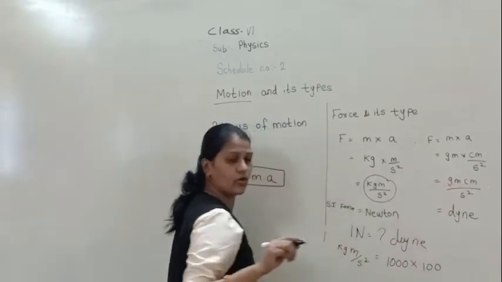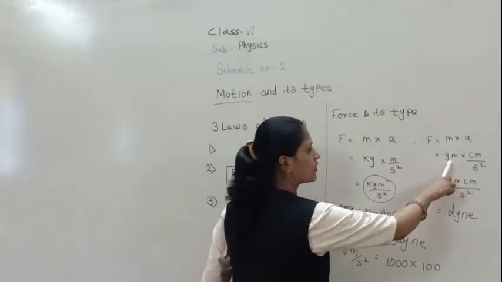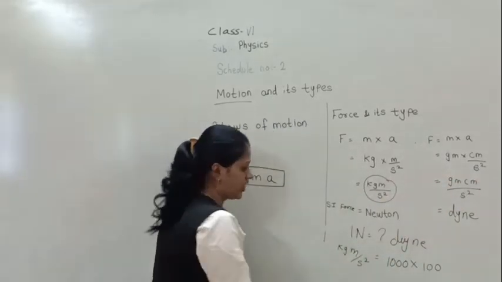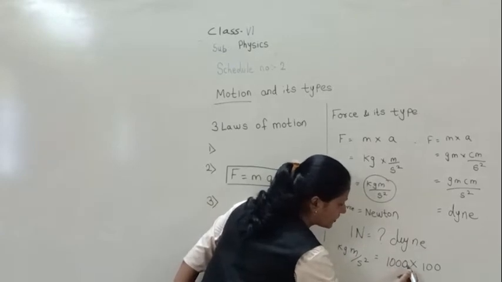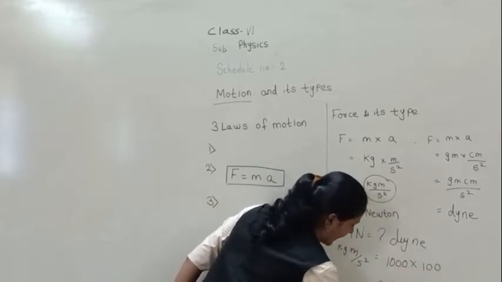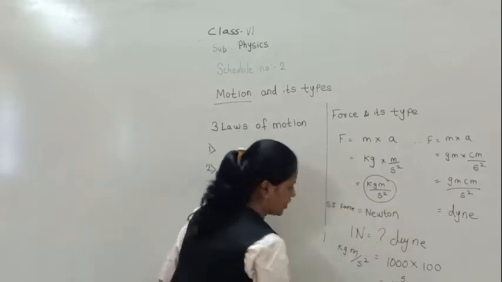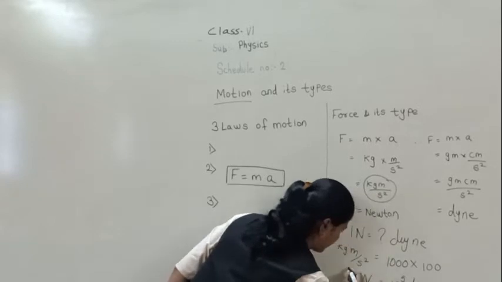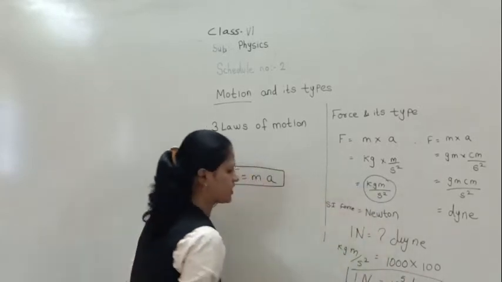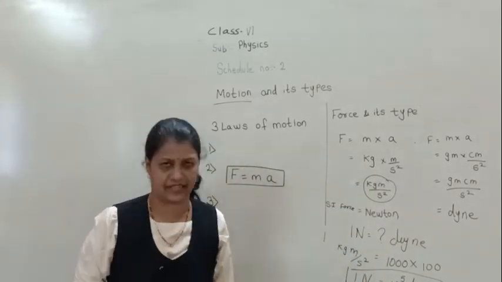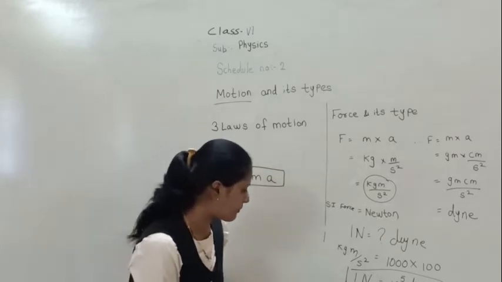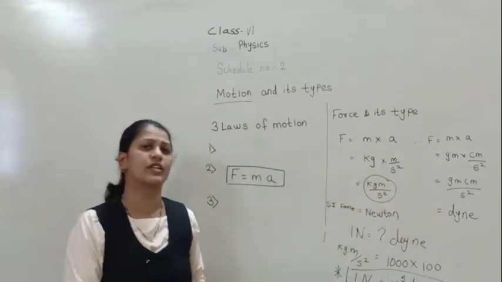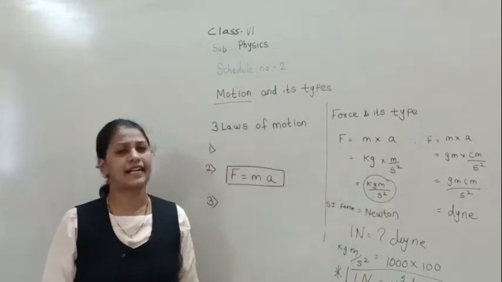Second square stays as it is. So kg converts to gram, 1000, and meter converts to centimeter, 100. How many zeros are there? 1, 2, 3, 4, 5. So 10 raised to 5. So 1 Newton is equal to 10 raised to 5 dyne. This is a very important point.